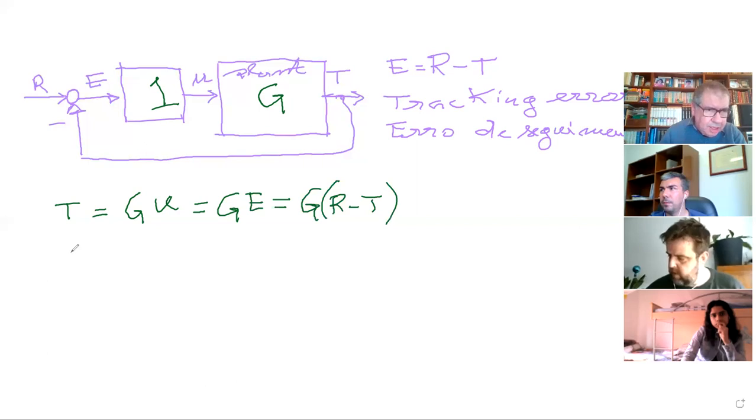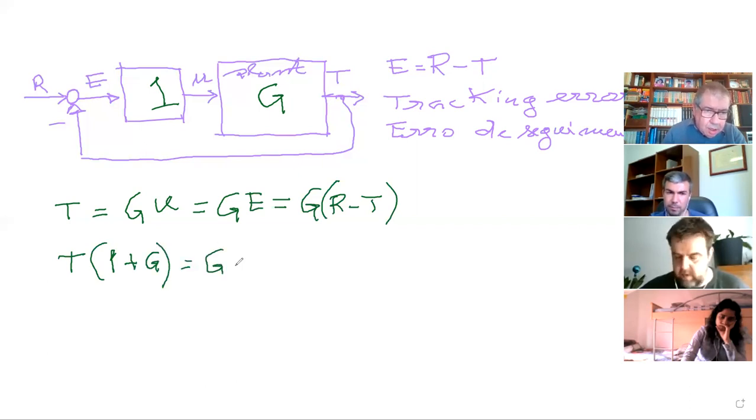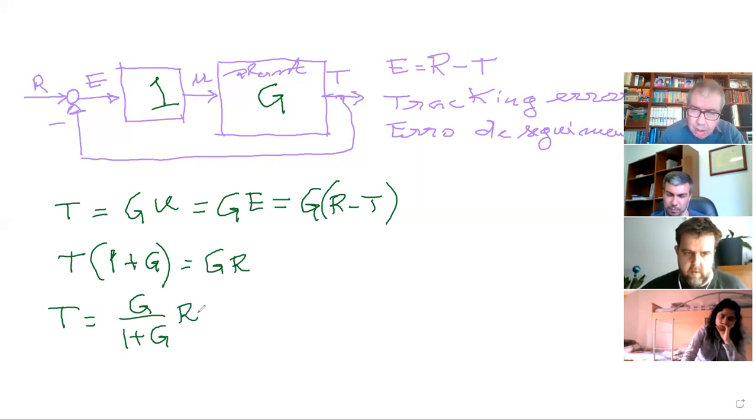And this means that T times (1 plus G) is equal to GR, right? That is to say, T is G over (1 plus G) times R. Okay?